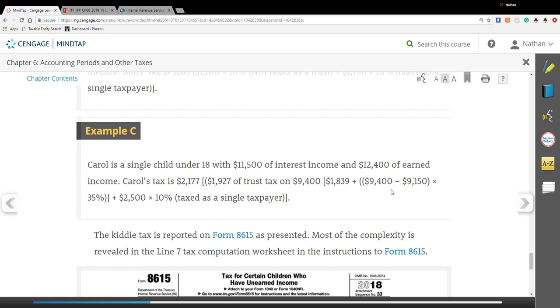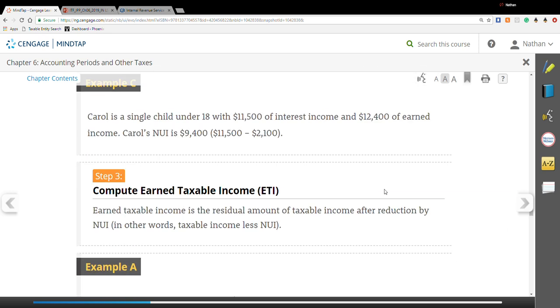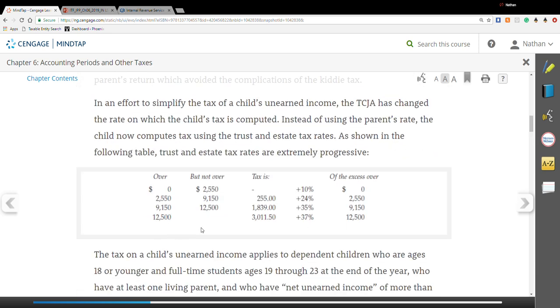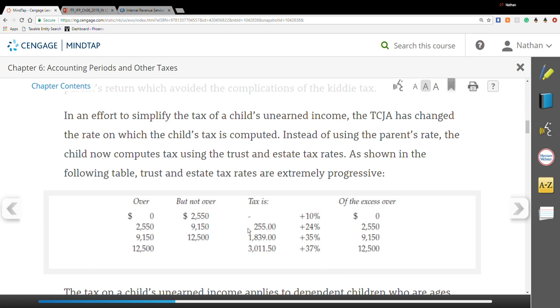So we have to read that table and understand what's going on. Again, to repeat this, her NUI is $9,400, so that falls in this bracket. According to this table, the tax has to be $1,839 plus 35% of anything in excess over $9,150.